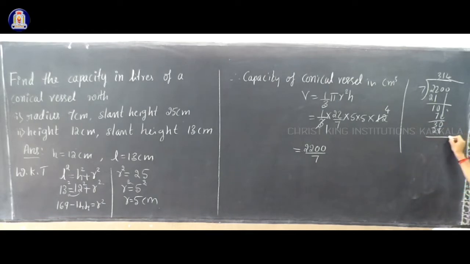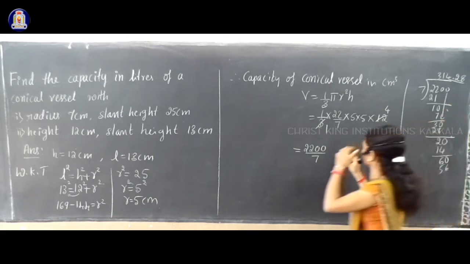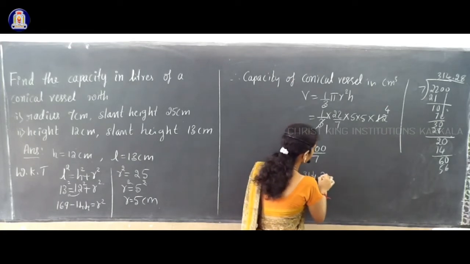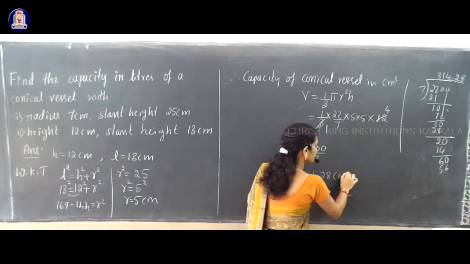Next remainder is 2 here and no digits here, so put a point in the quotient place and take 0 with this remainder. And 7 2 times is 14 and remainder here is 6 and take 0, then 7 8 times 56 like this, so you can continue. I will stop here and that is equal to 340.28. This is in centimeter cube.